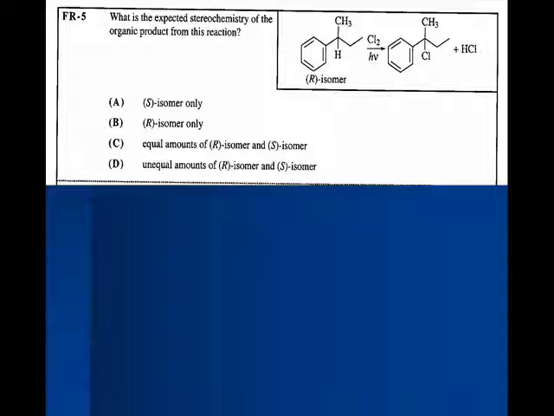What do we think? C is the correct answer. Equal amounts of R and S, meaning that the product is what? It is racemic. Why is it racemic if I'm starting off with the R enantiomer as the starting material?